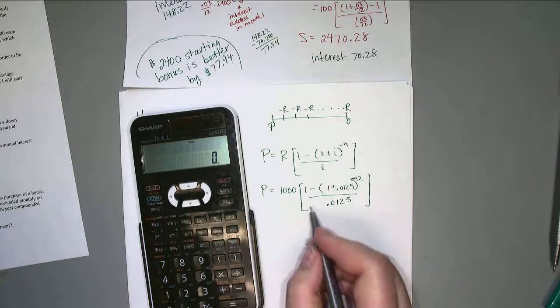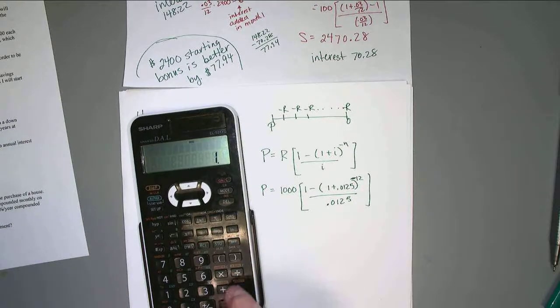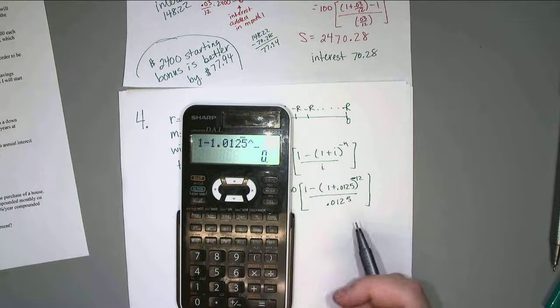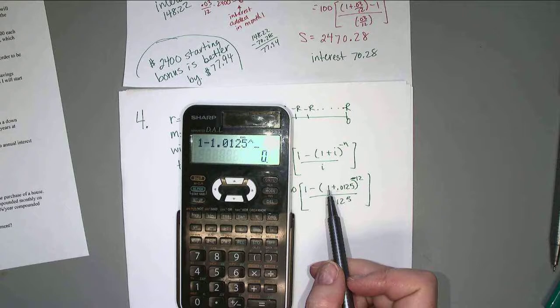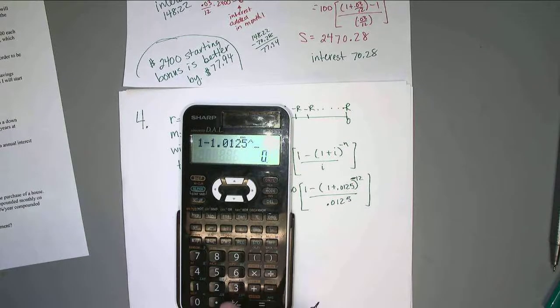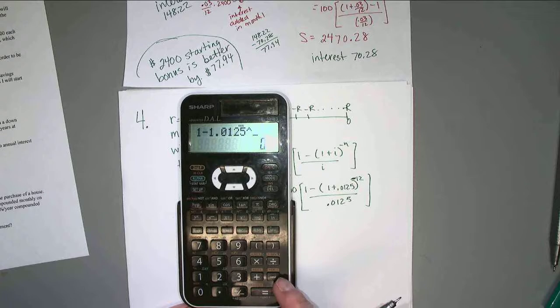So here 1 minus 1.0125 to the power, so y to the x. I didn't put the plus sign in because this is just 1.0125. Now when you do negative, you don't hit the minus sign, that'll give you an error. You have to hit the sign on your calculator that has a plus minus, and that gives you a negative.